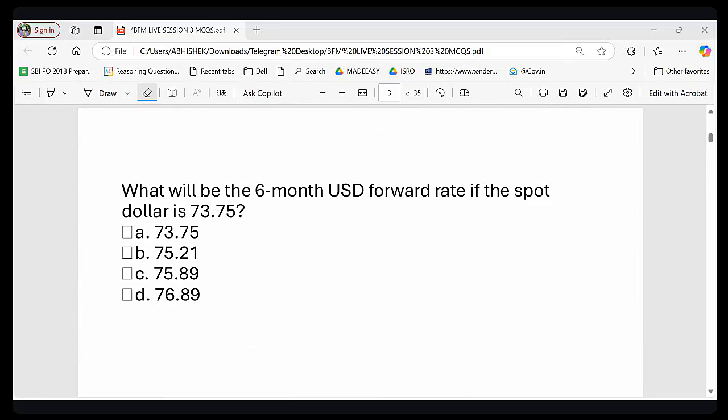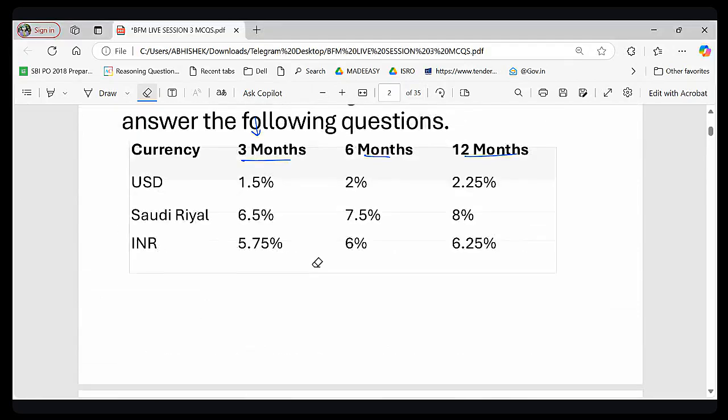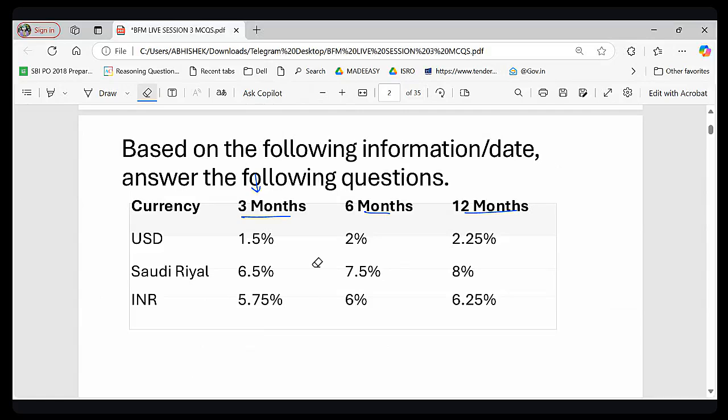Let me again show you the particular chart, because you will use this chart to solve this question.